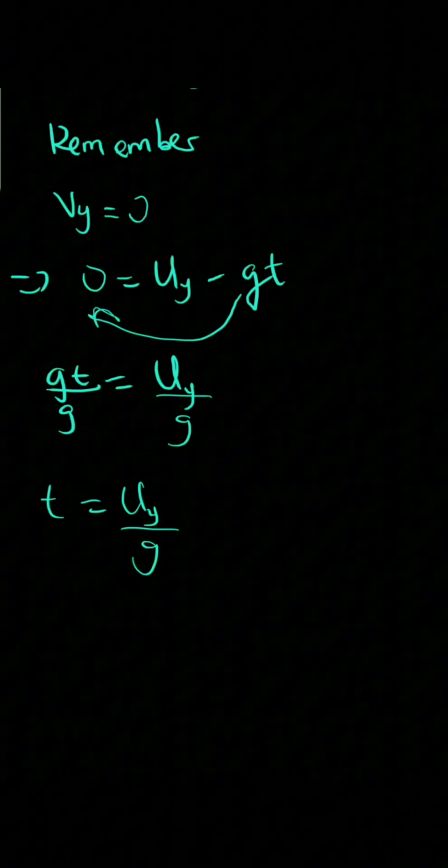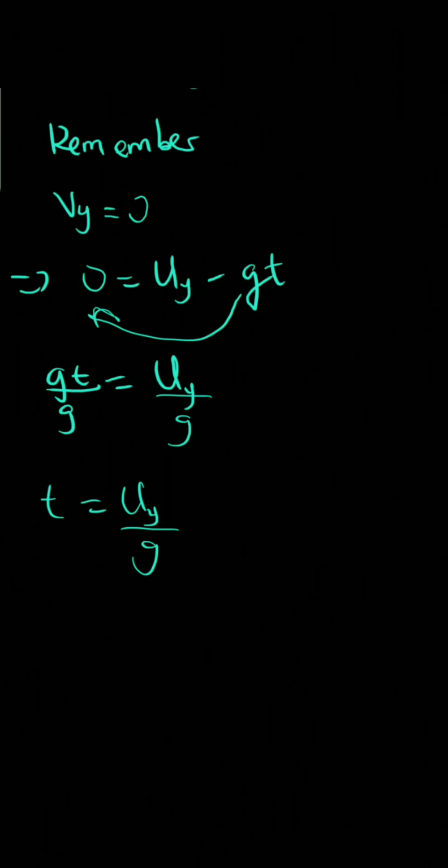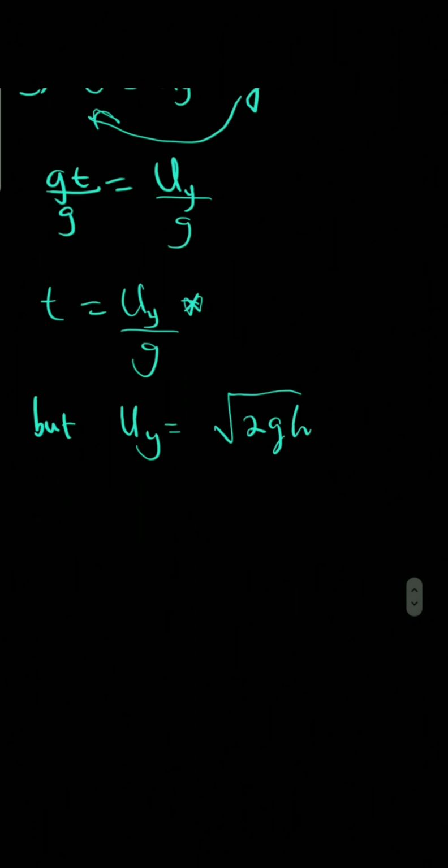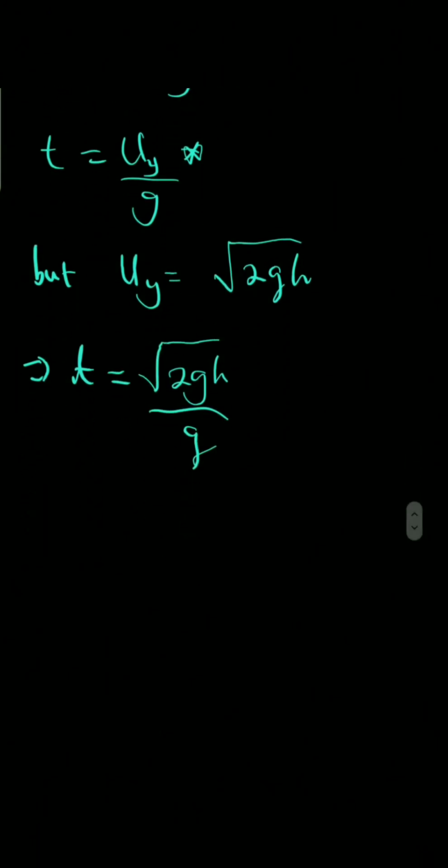Now the initial component is something that we've already derived from what we've written above. So our initial is equal to the root of 2gh. So that's what we're going to replace there on the numerator. So t will now be expressed as the square root of 2gh divided by g.